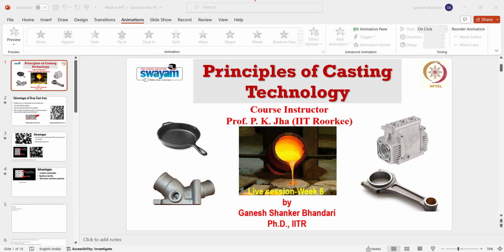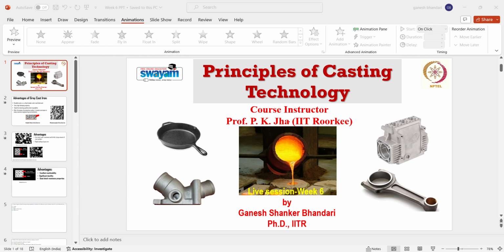Coming to the advantages of these cast irons, as we discussed, they are very hard and very brittle, but they have excellent wear resistance. They are brittle because of the large amount of iron carbide in the structure.